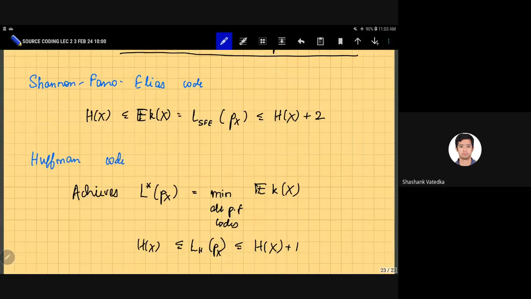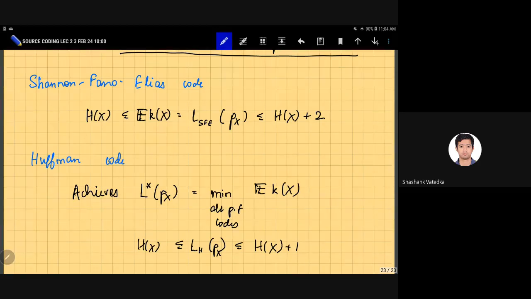But we've seen the optimality of the Huffman code, and that is that among all possible prefix-free codes, the Huffman code achieves the minimum possible expected length. This is what I denote by L star of P_X. So among all variable length prefix-free codes, L star of P_X is the minimum possible expected length, and the Huffman code achieves this expected length.